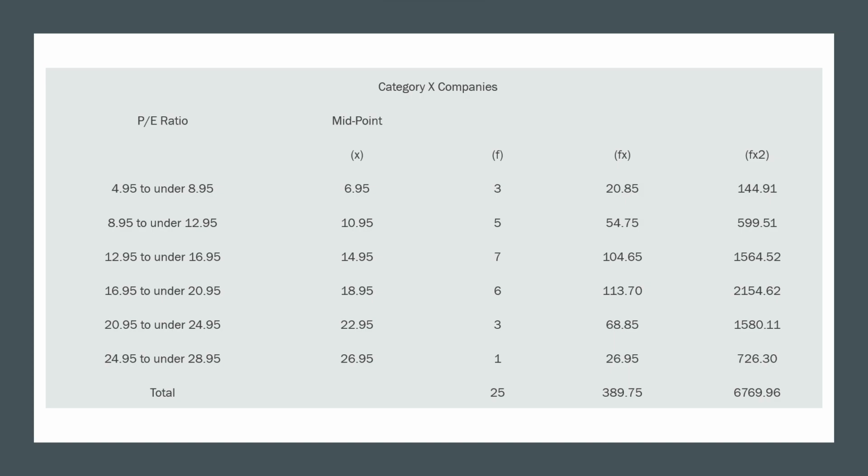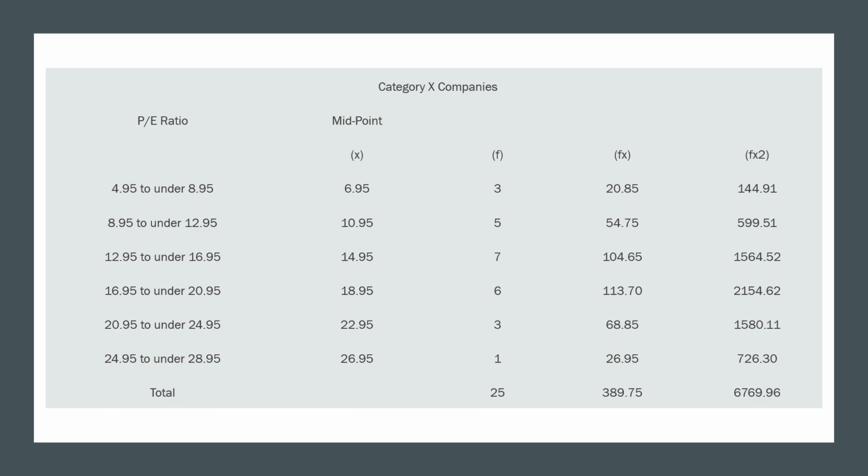Frequency, or f, is already provided in the question for category X companies, and we have simply inserted these frequencies in the table. Fx column is the product of multiplying each value of x with the corresponding value of f for that class. For example, the value of 20.85 is calculated by multiplying 6.95 with 3.